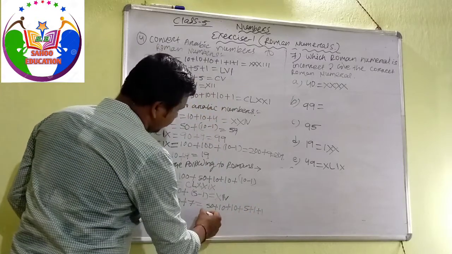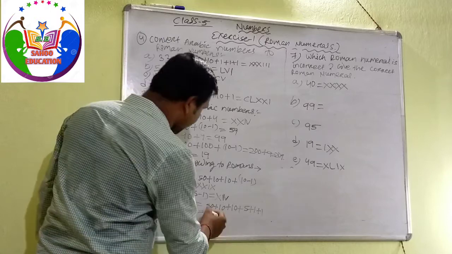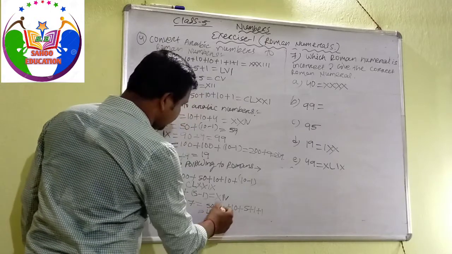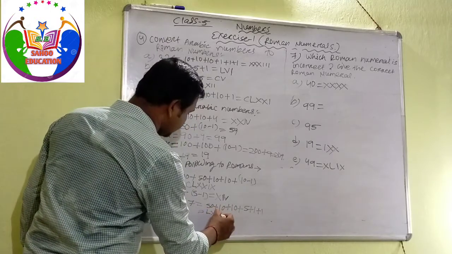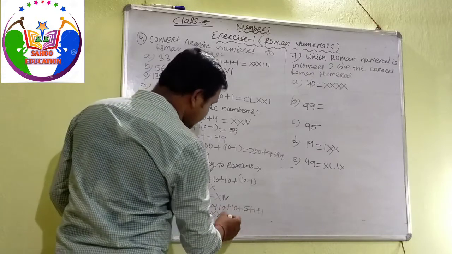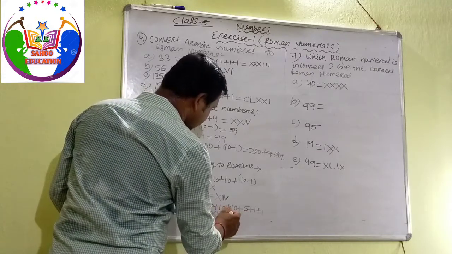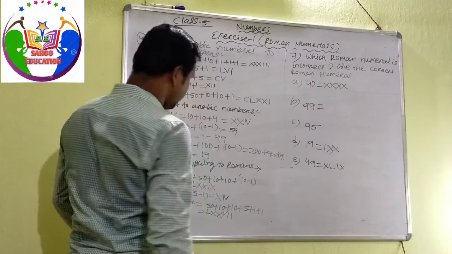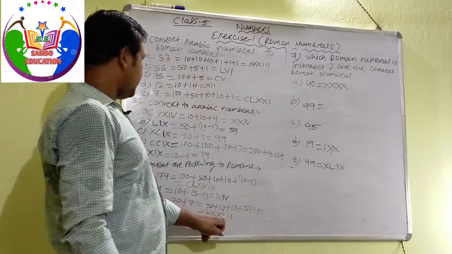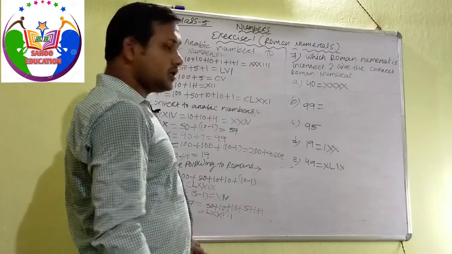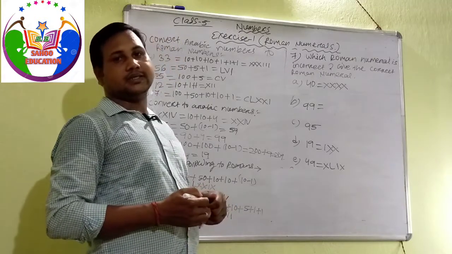Now 50 is L, then 10 is X, another 10 X, then 5 is V, and I, I. So LXXVII is for 77.